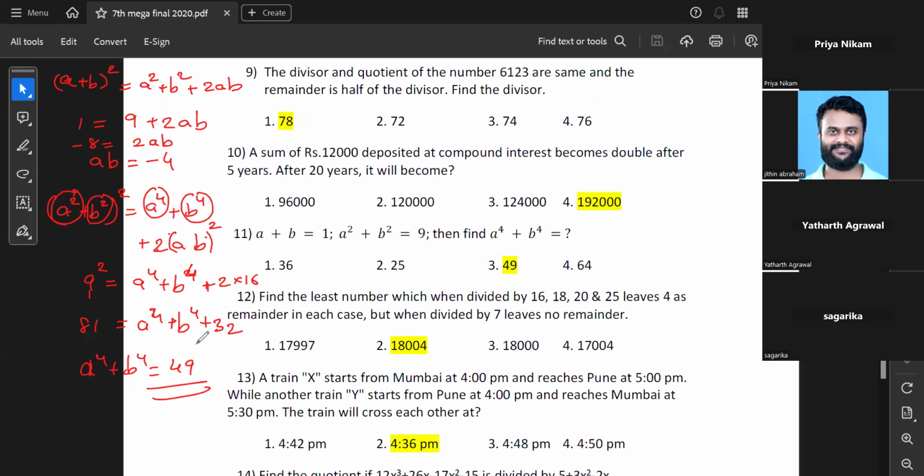Sir, we have split that a square plus b square the whole square. We know that a square plus b square is 9, right? That's 9, what I've written in the powers. In the next line, instead of a square plus b square, I've substituted 9.